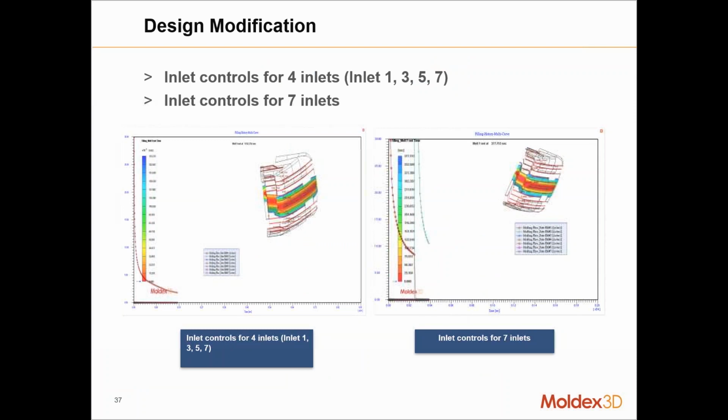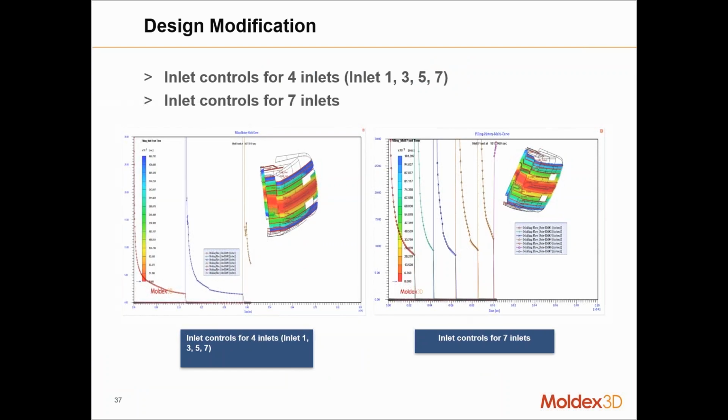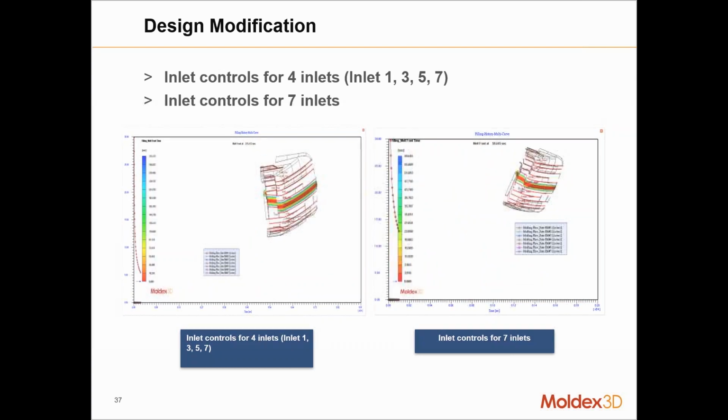Here's just a quick animation showing different number of inlets. So 2 different scenarios, one having 4 inlets or 4 feed points for the resin, which is on the left, and on the right showing 7 inlets.